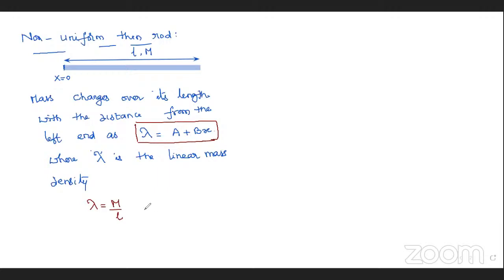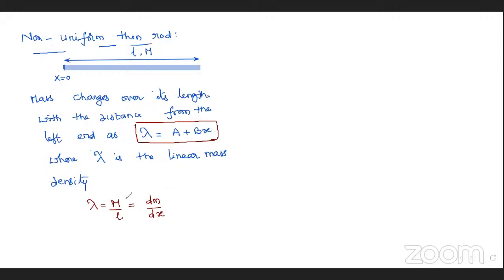Okay. That mass per unit length, in differential form, we write as dm by dl. That you have to understand. Okay. dm by dl, mass per unit length. So distance, I take it as x, okay, take it as dm by dx. That is your wish. Then immediately you may ask, sir, what is the use of this equation?